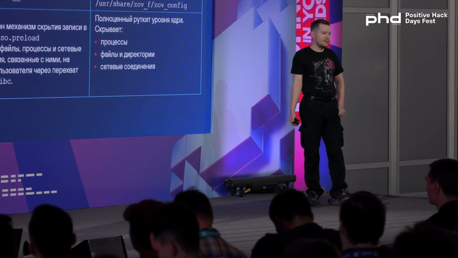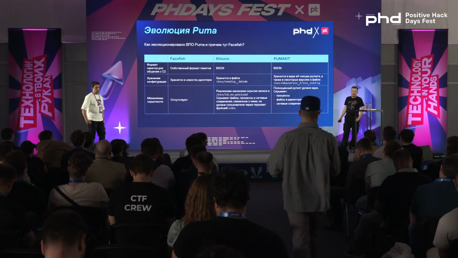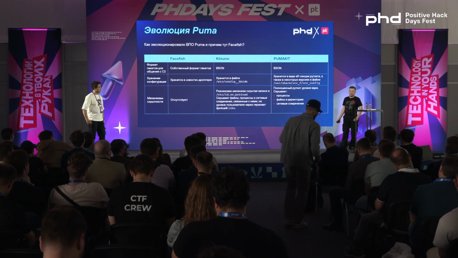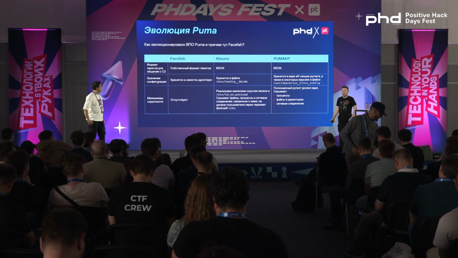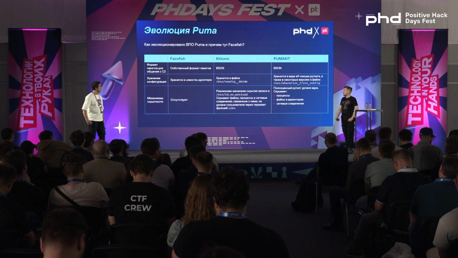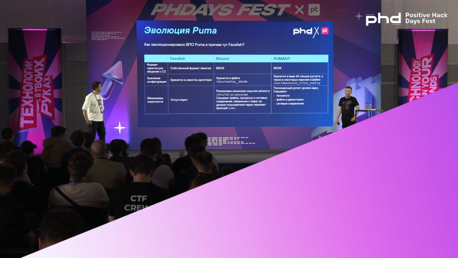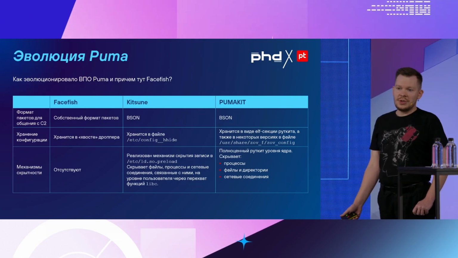The Facefish configuration is stored in the tail of the dropper, which then includes it into the rootkit file, but Kitsune uses a separate file for this. As to Puma, to store the configuration they use a separate ELF section, and we have also seen different versions that use a .zoflogs file to store the configuration.